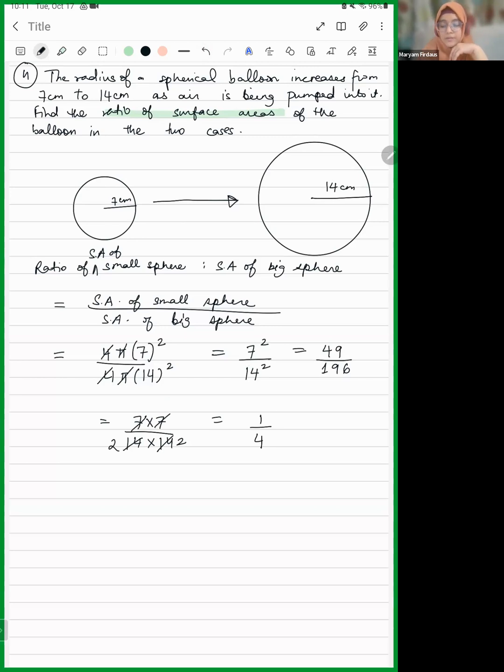Okay. This is the final answer. And I'm asking you to do it like this because if you sit and start dividing like this, it's going to take a long time. That is why. So please note it down. Let me know when you're done so that we can move on to the next.